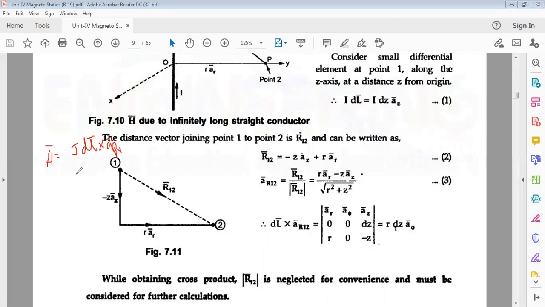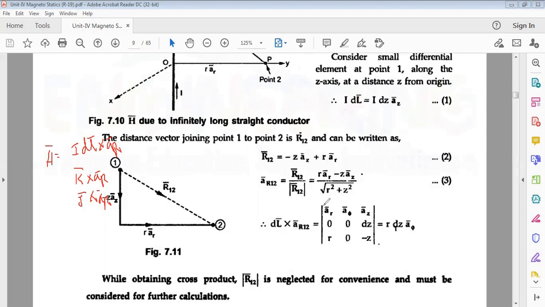Similarly, for the surface it is K bar cross a_R bar, and for the volume integral it is J bar cross a_R bar. Here it is a line integral, because we are assuming a long straight conductor on the z-axis, so dl bar cross a_R bar.